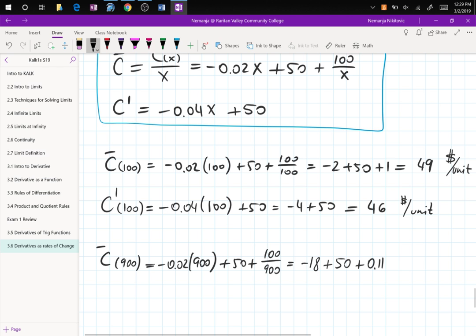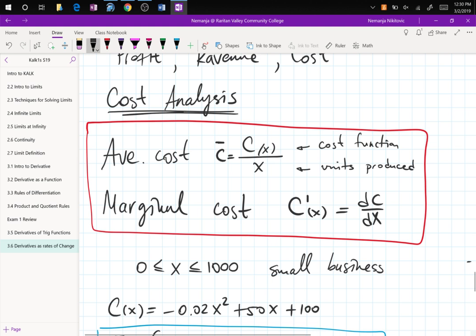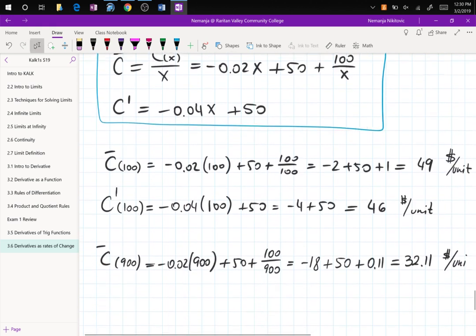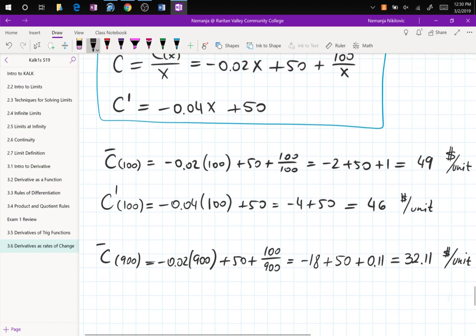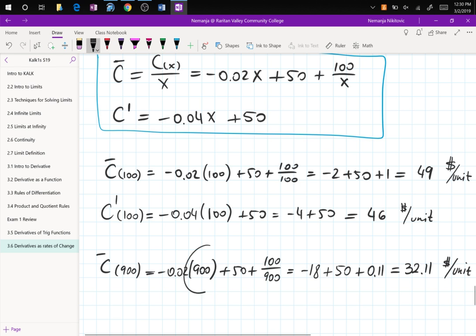So 18, that's 32.11 dollars per unit. Perfect. I love it. I love it because this means that if I'm making more than what I used to make, the cost of making them goes down. My business is going to work in this case.